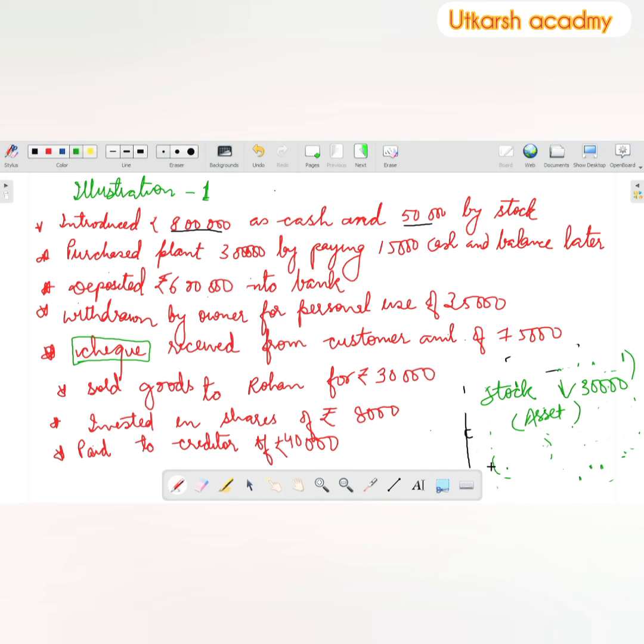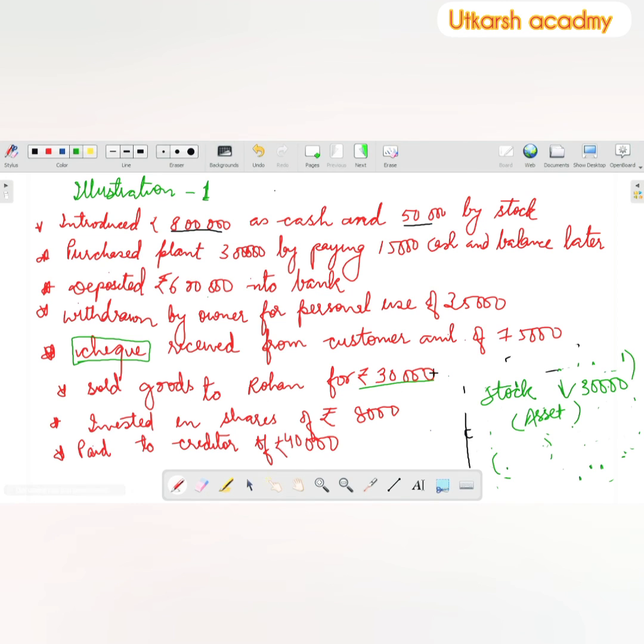Okay. And what? Debtor will increase because we are not receiving money. Sold goods to Rohan for rupees so much. It has not been said in cash or something. So whenever it is not said in cash, then we have to assume that it has been sold on credit. Fine.